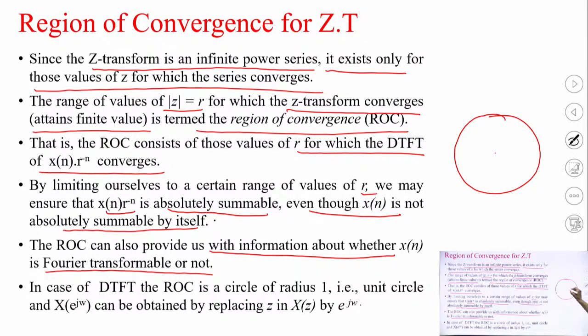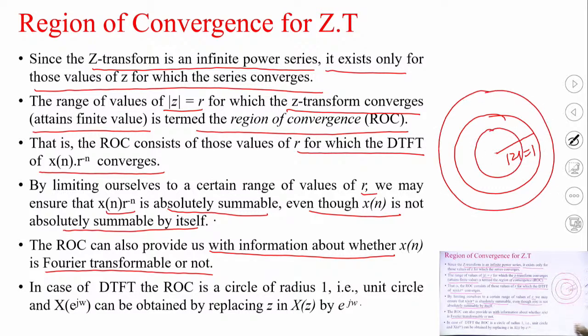We have already seen the circle of radius 1, mod z equals 1. The ROC is a region of the plane where r may be anything other than 1. If we draw the ROC, you can see in this particular case that the circle of radius 1 is overlapped by the ROC.